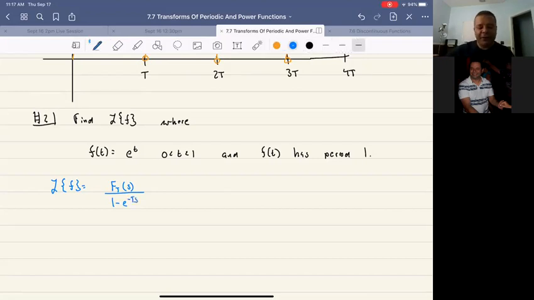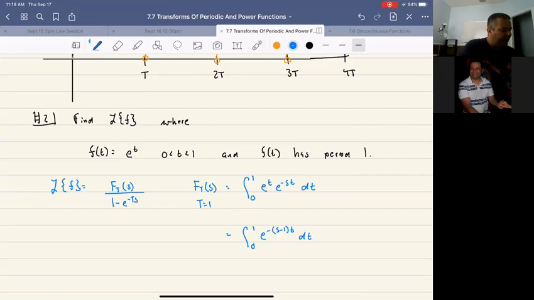What is our F sub T of s? Well, in this case, T equals 1. This is the integral from 0 to 1 of e to the t times e to the negative st dt. So that's going to give us the integral from 0 to 1 of e to the negative (s minus 1)t dt.